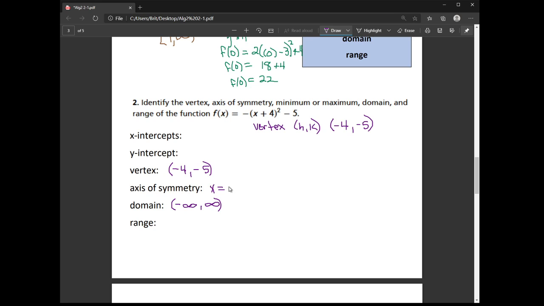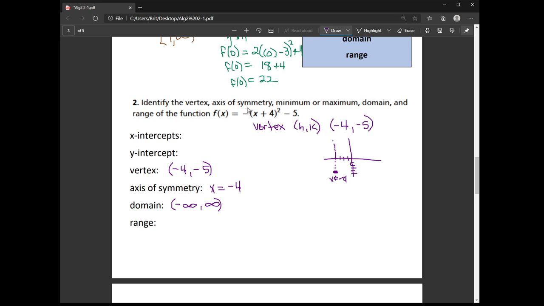So x equals -4. So if I'm doing a mental sketch in my head, I know that going back by 4, I have this axis of symmetry, and down by 5, I have my vertex.